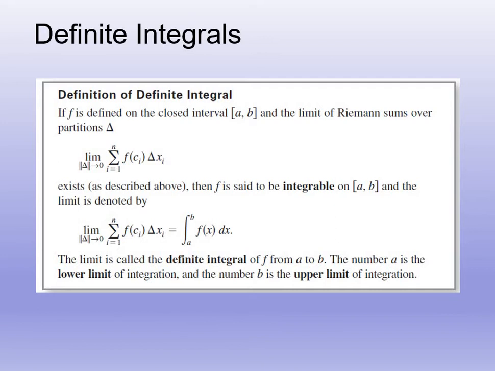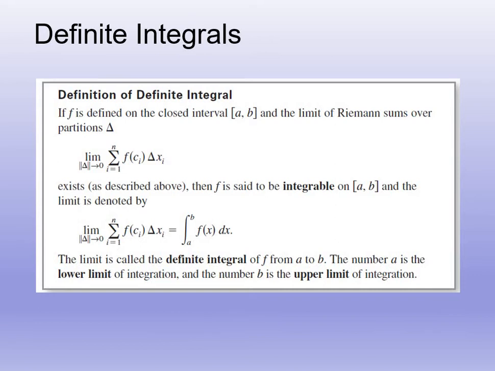Just to read through the definition: if f is defined on the closed interval from a to b and the limit of the Riemann sum over the partition delta, the limit as the norm goes to 0 of the sum from i equals 1 to n of f of ci times delta xi, exists, then f is said to be integrable. So we can actually take the integral on a to b.